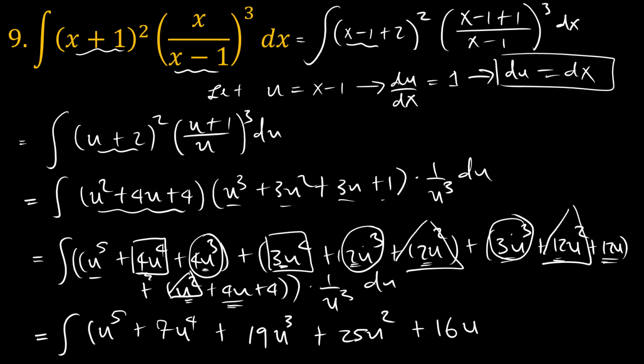And then we do have 4. Okay, so we definitely have quite a lineup. We have u to the power 5 plus 7u to the 4 plus 19u to the 3 plus 25u squared and then plus 16u plus 4. All this multiplied by 1 over u to the 3.